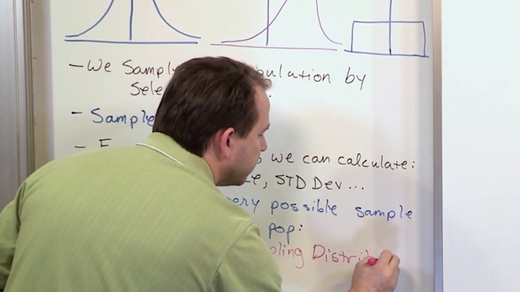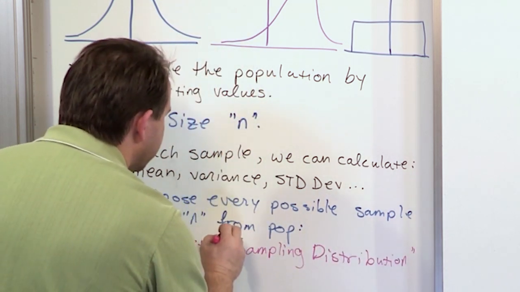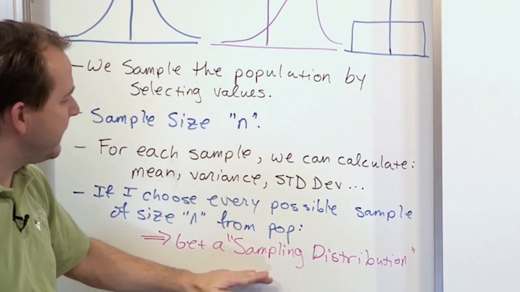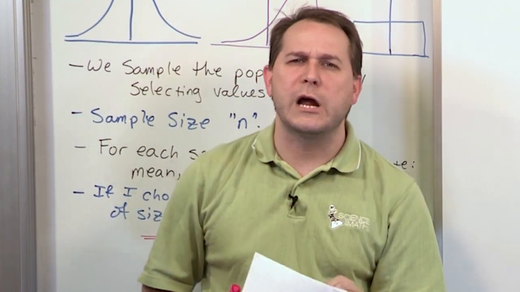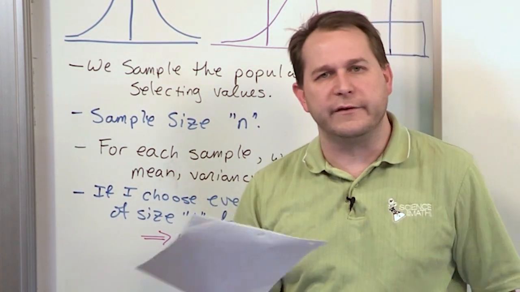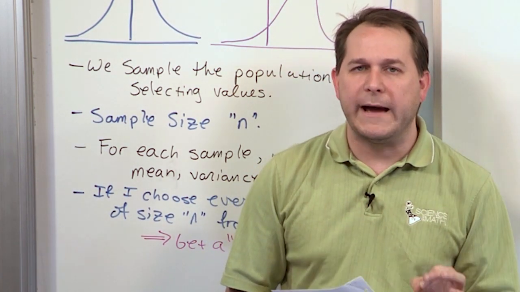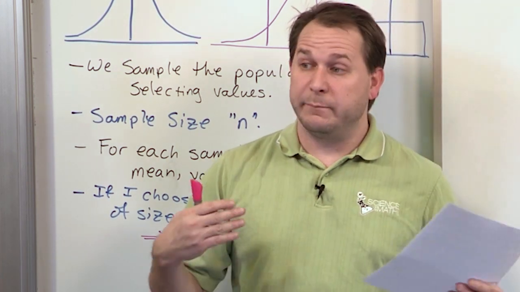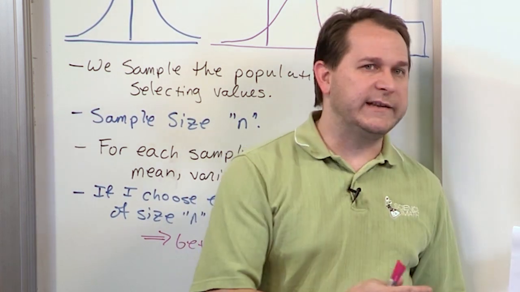I'm going to put it in quotes here because this is a term. The important terms here I'm trying to pull out for you: sampling distribution. You have to understand the terminology. If you're reading in the book, hey, the sampling distribution of the IQs of, you have to know what they're talking about. When you see the term sampling distribution, it means that someone spent a lot of money and time trying to collect this information.